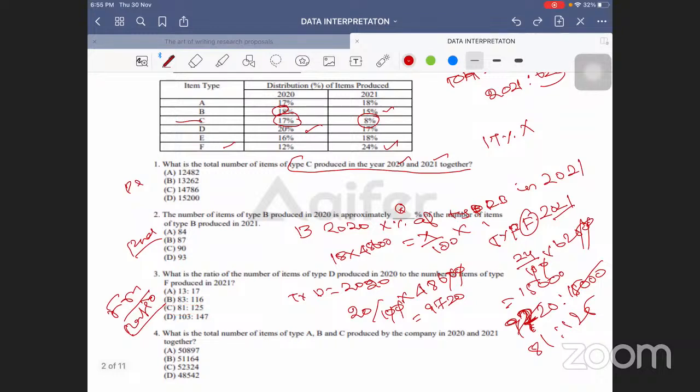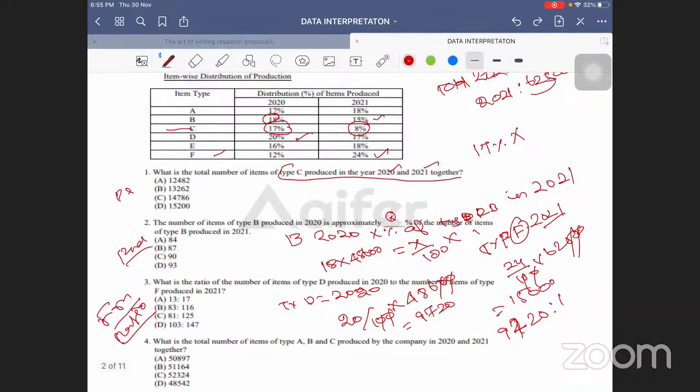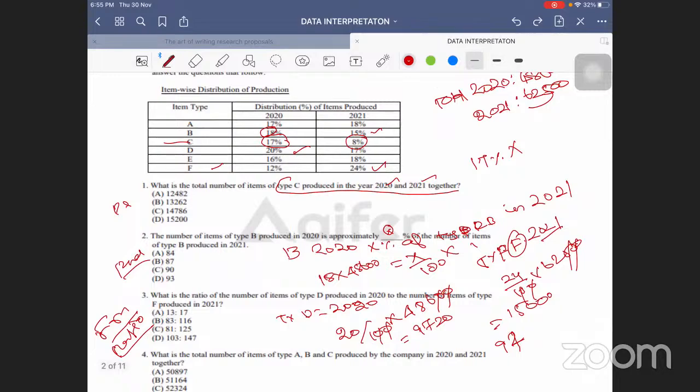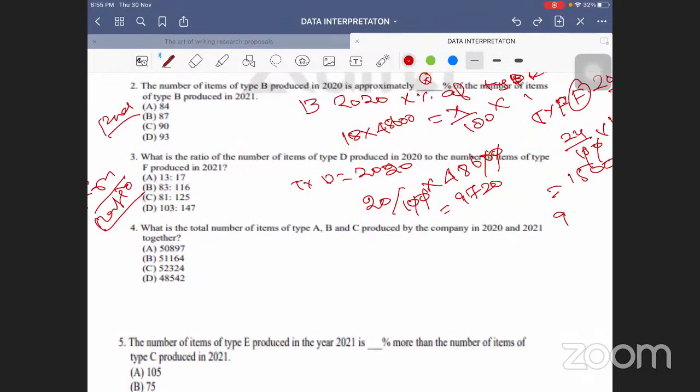So next, the fourth question. If anybody wants to read the fourth question, please somebody read. What is the total number of items of type A, B, and C produced by the company in 2020 and 2021?